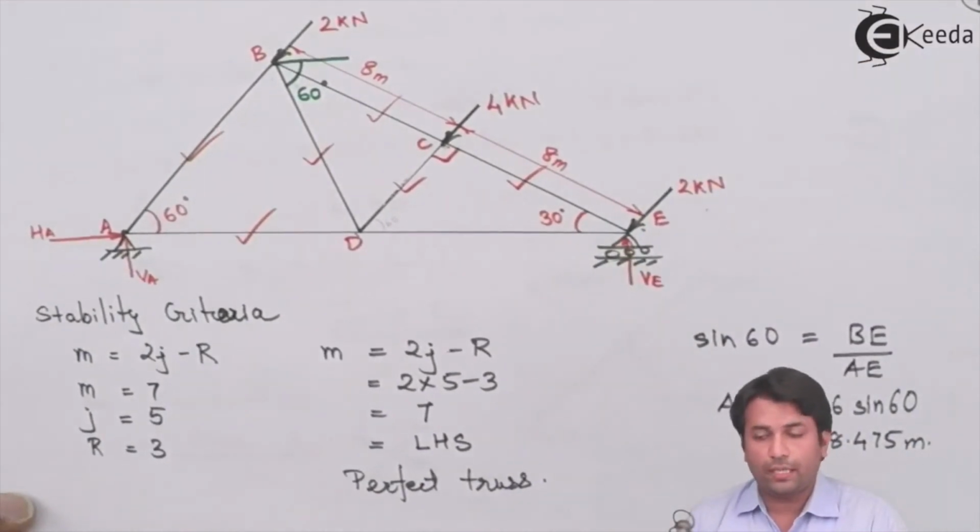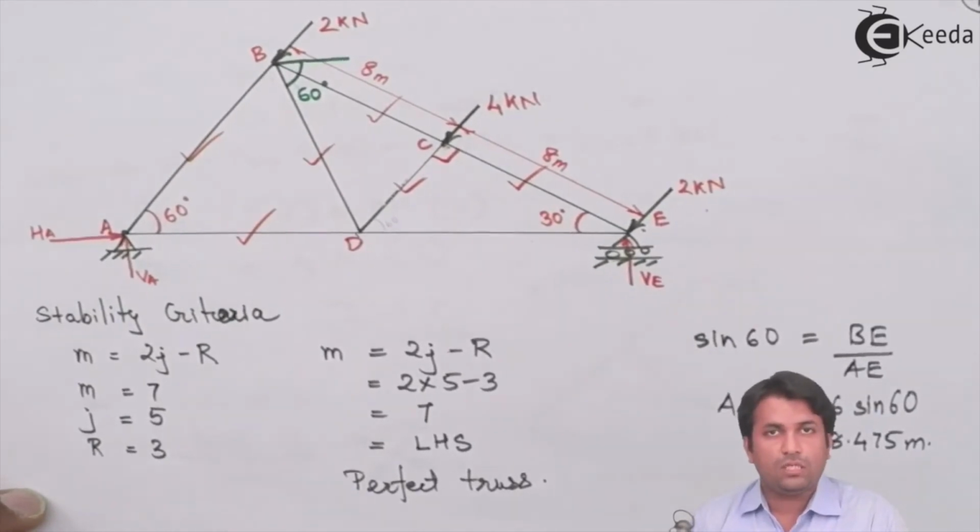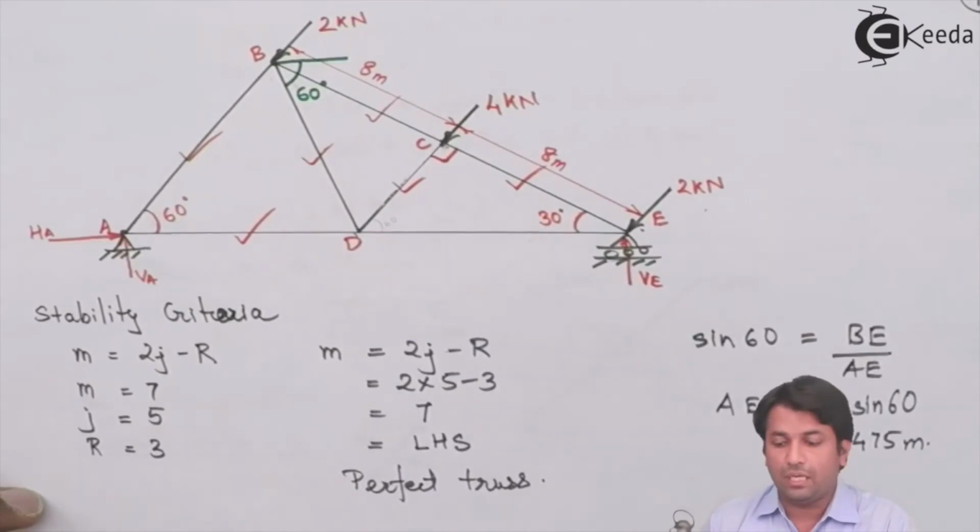Now the only joint that remains is D or E, because I need to find the force in member DE.